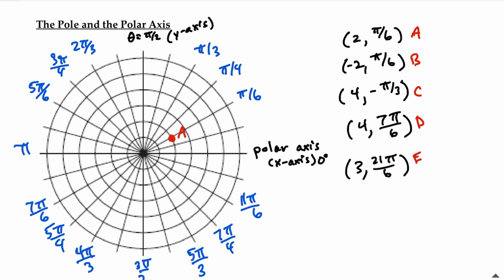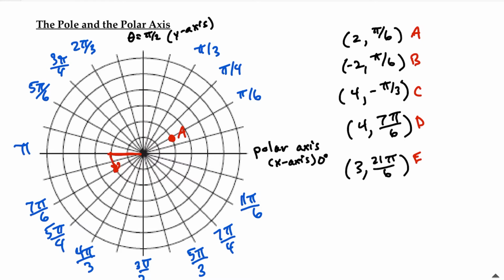So there's A. And then for B, we've got negative 2, pi over 6. So negative 2 is going to be, instead of measuring in the positive direction to the right, we'll measure in the negative direction to the left. So one way we could do this is to go negative 2 units and then rotate pi over 6. Now pi over 6 is positive, so we still measure counterclockwise.